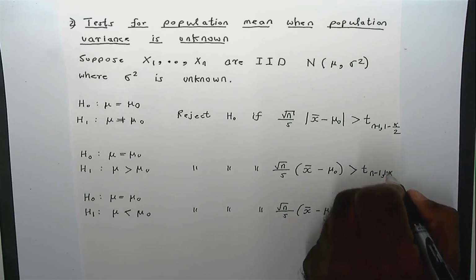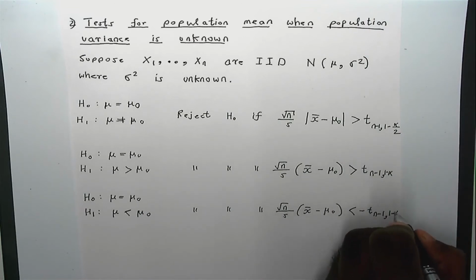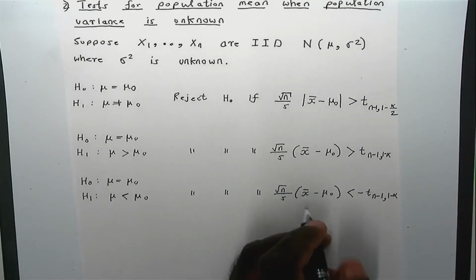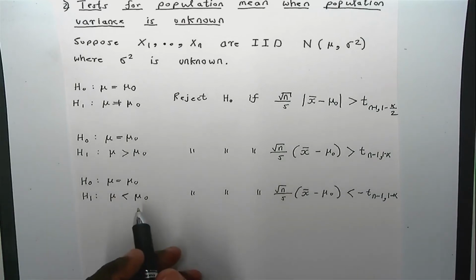Sorry guys, it should be 1 minus alpha here too. Okay, so these are the three rejection rules corresponding to the three sets of hypotheses, right?